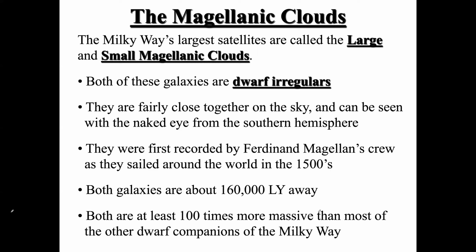And they were first recorded by one of the crew members of Ferdinand Magellan, as probably you know this story. And these are around 160,000 light years away from us. And both are 100 times more massive than most of the other groups. These are actually dwarf galaxies, but a little bit larger.